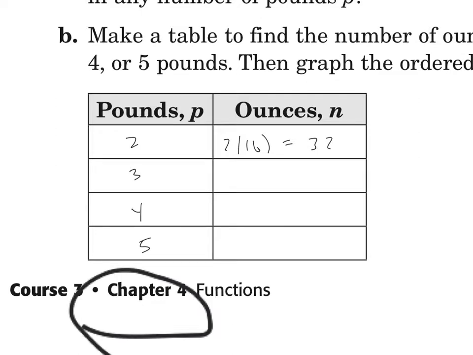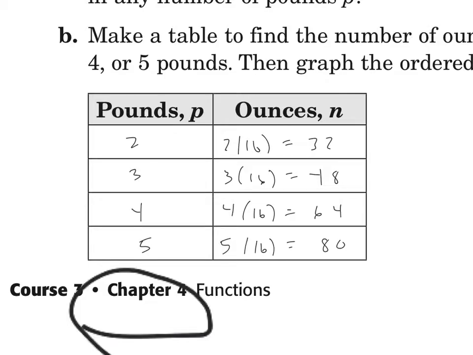Then 3 pounds times 16 ounces each gives us a total of 48 ounces in 3 pounds. And then 4 times 16 is, nope, 64, sorry. I multiplied that wrong in my head. And then 5 times 16 is going to be 80. So there would be 80 ounces in 5 pounds.